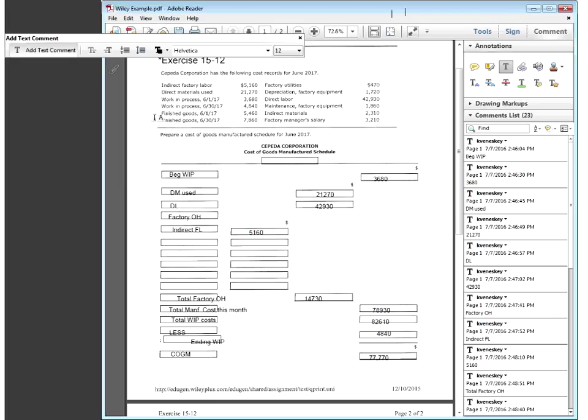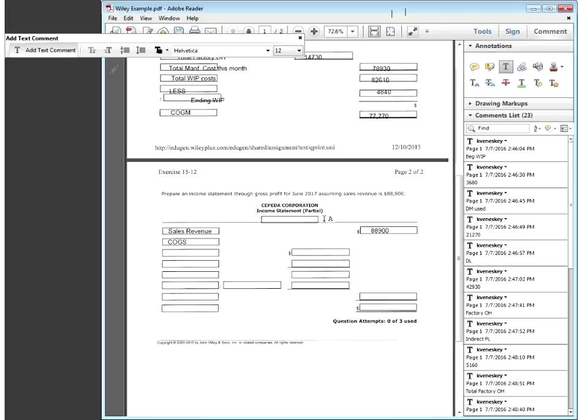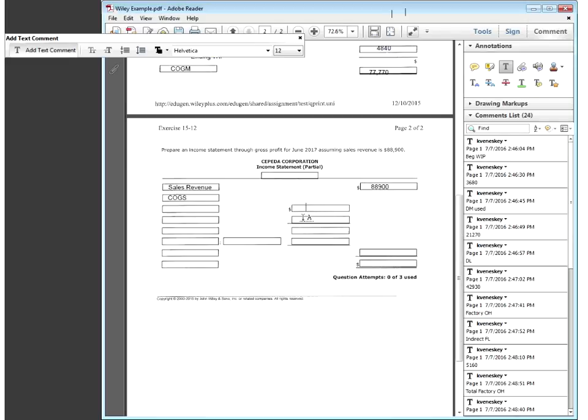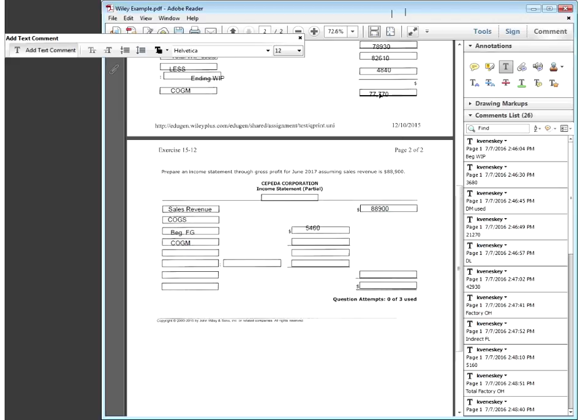To get cost of goods sold, you start out with, all right, how much goods did I have in finished goods from last month? I had 5460. That would be my beginning finished goods. And then, how much goods did I actually transfer over that are now done as well? So I had 5460 already here.